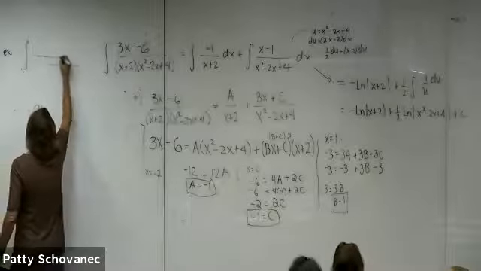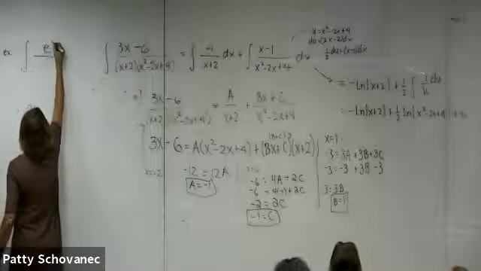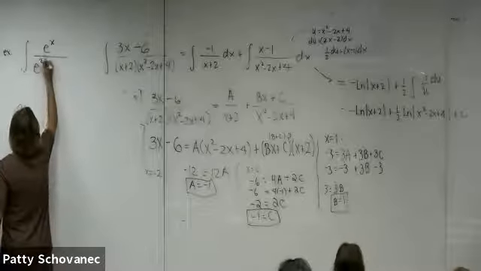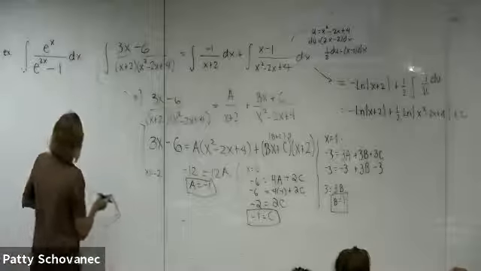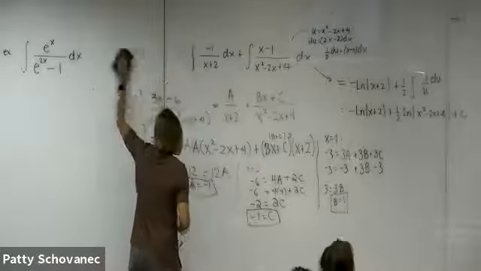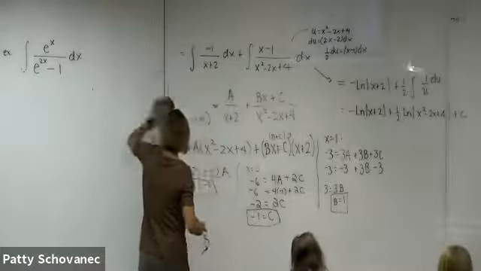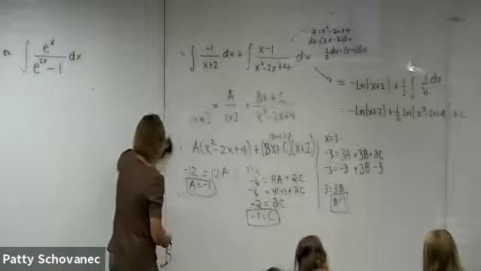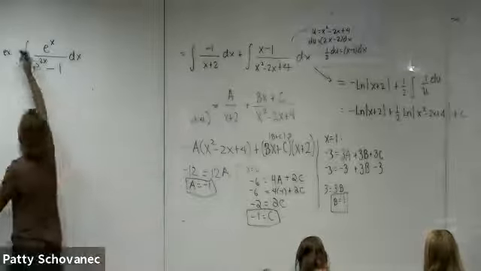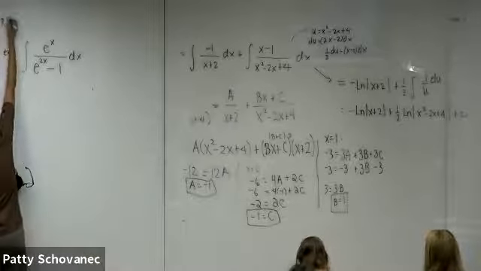Section 7.5 is the monster. The title of 7.5 would be like everything: review of all integration techniques.